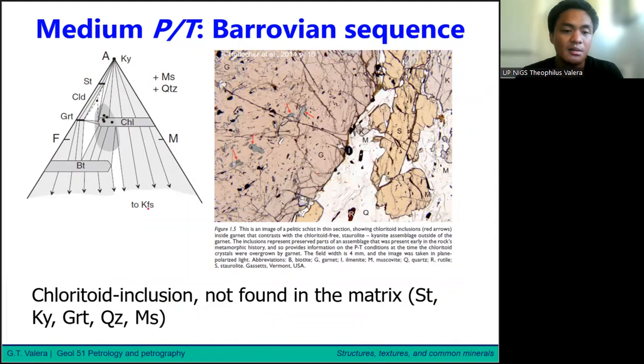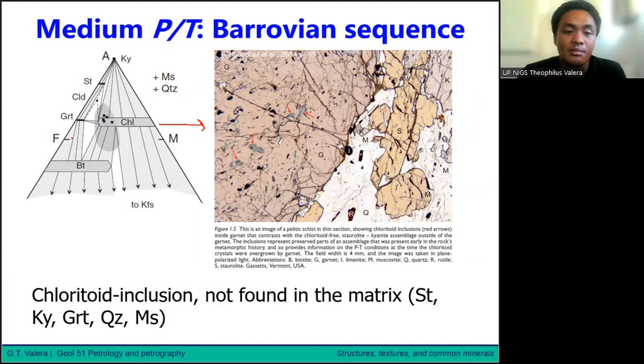This is a photomicrograph beautifully showing the chloritoid out isograd. Here you have a garnet including chloritoid grains, red arrows, chloritoid grains in the inclusion, and then in the matrix, what you have is staurolite and kyanite. Well, yeah, staurolite and kyanite, but the staurolite and biotite.